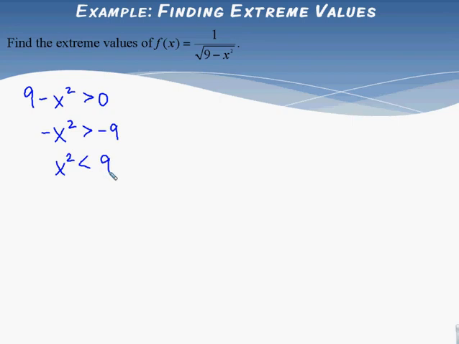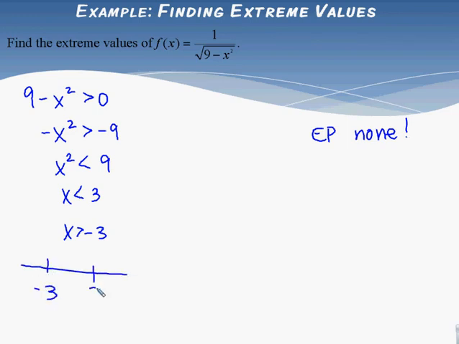And then I'm going to square root both sides. Now, if you remember, square rooting both sides is going to generate two answers, x equals 3 and x equals -3. And in the world of inequalities, the positive guy keeps the symbol, and then the negative guy gets the opposite symbol. And so our domain in this case does not have any endpoints, and so we do not have any endpoints to worry about, solely because its only domain is between -3 and 3.